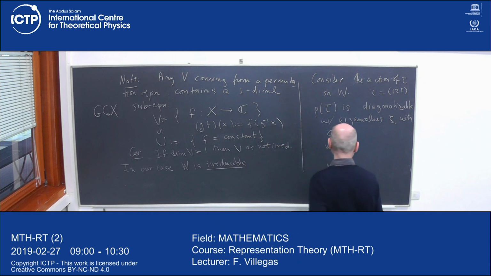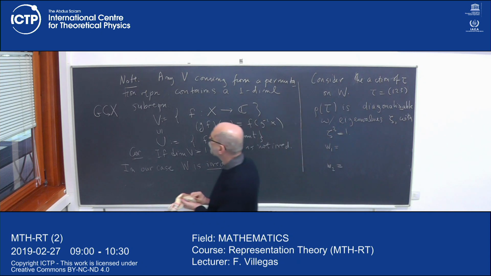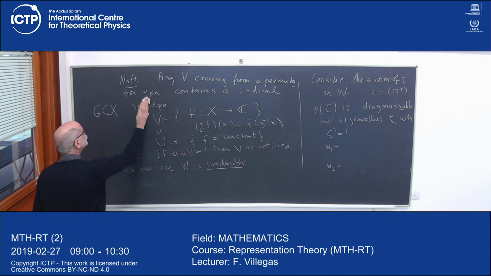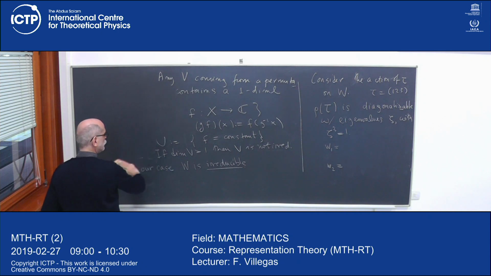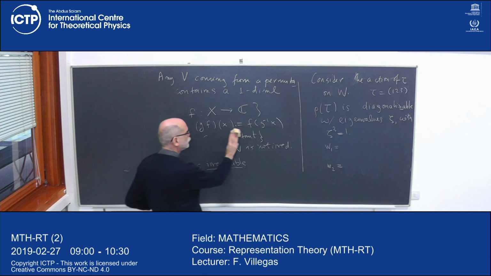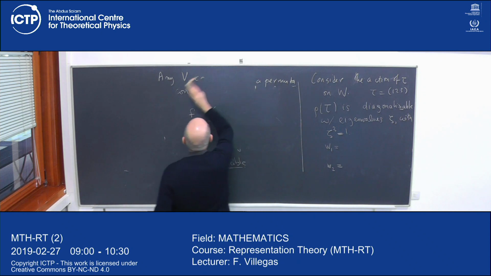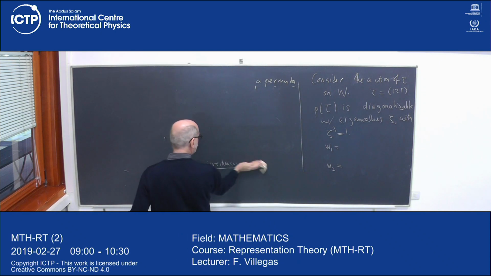We have already one, the vector 1, 1, 1. No, that's not in W. We took it out. We're looking at the complement. So that one we already know. So we're looking at the remaining things.